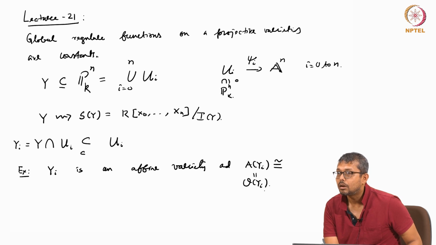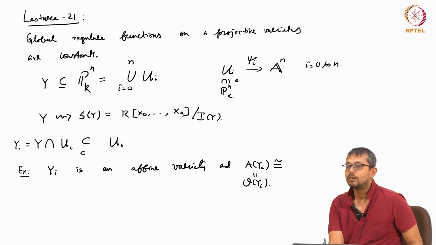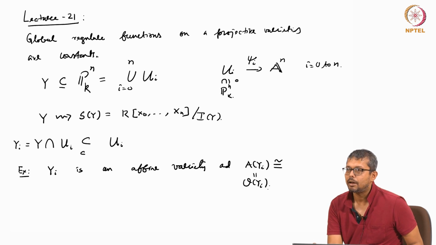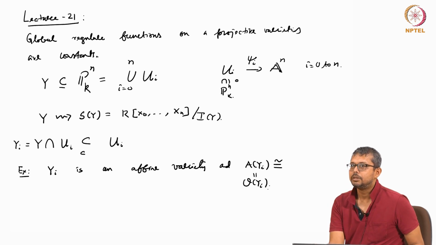The projective variety is covered by a finite union of the Ui. Yes, you are using compactness in some sense. These are not basic open sets; these are all standard affine open subsets, and it is a finite union.